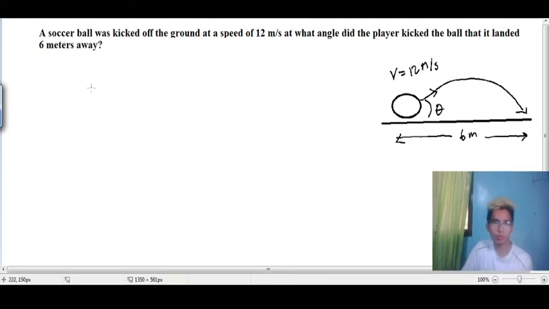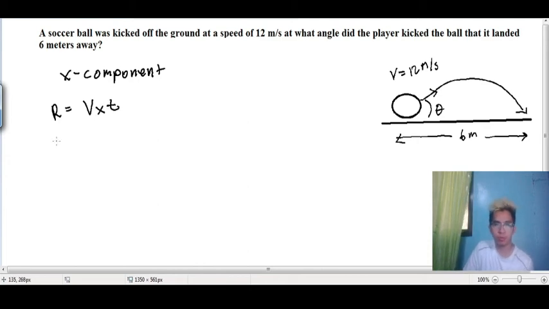So to solve, we have the formula here in the x component. We have the range is equal to Vx times time. So Vx is, since we have an angle that is missing, or it is sometimes given, we use V cosine theta times time in finding the range.